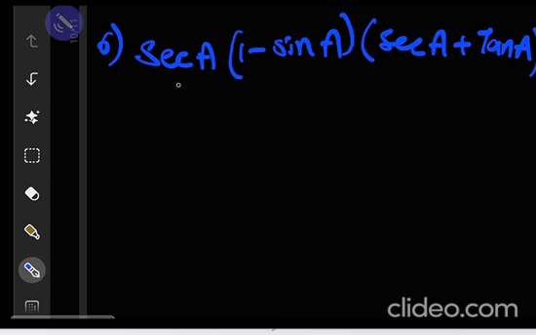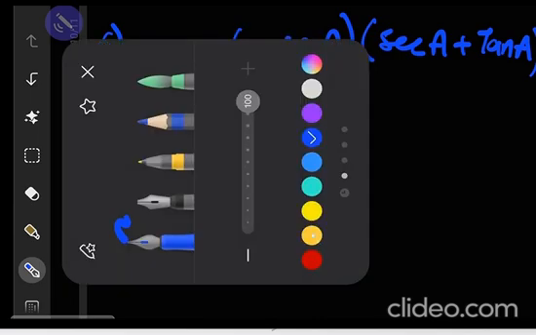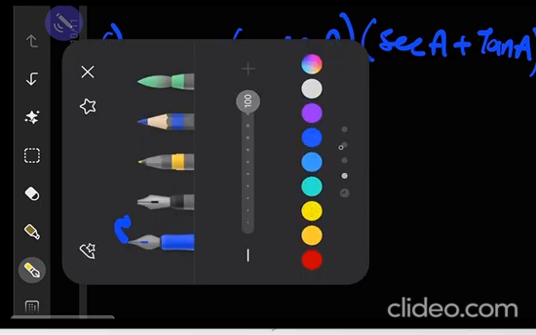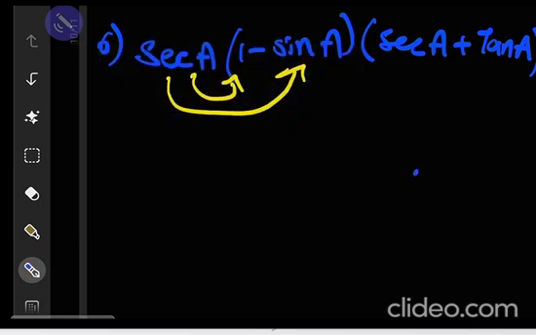So first you have to multiply this with this one and again multiply with this. So first I'll multiply secant A into 1 is secant A, minus secant A into sin A.